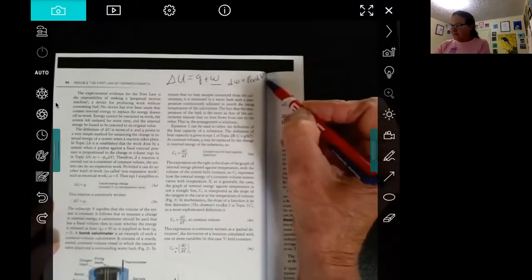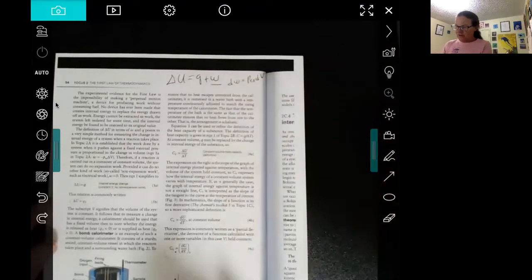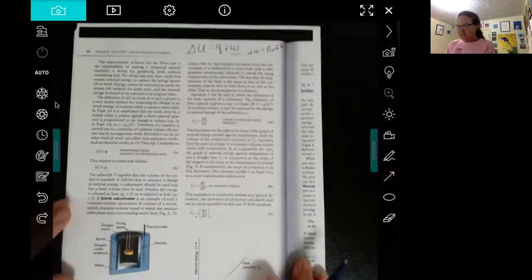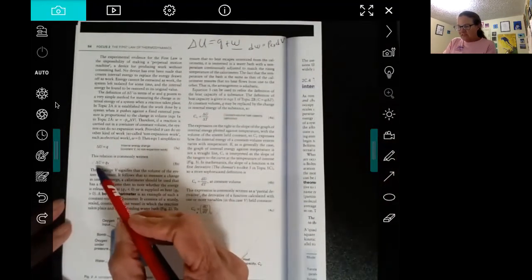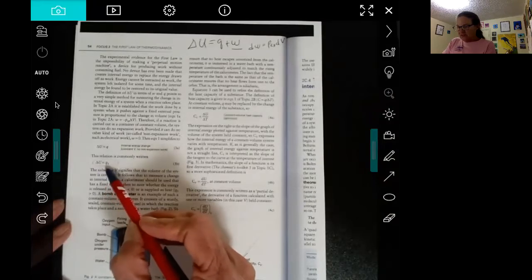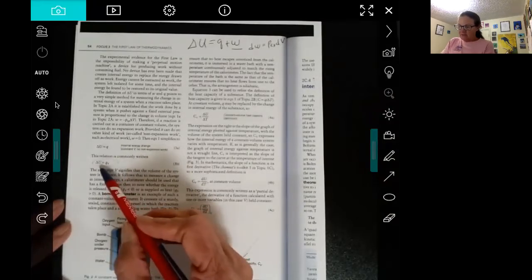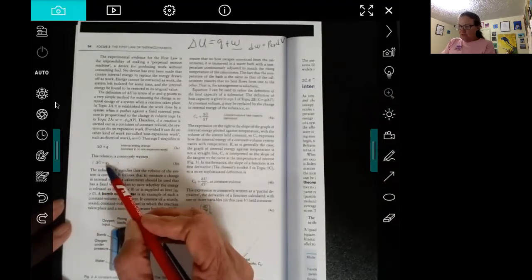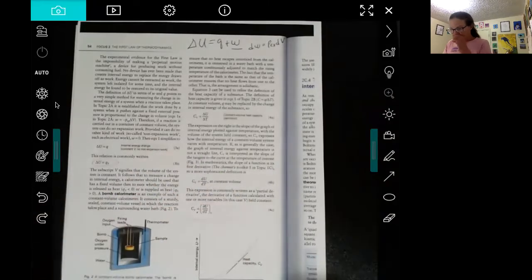So if volume doesn't change, there is no work. And so that means if a process is carried out at constant volume, the entire change in internal energy is equal to Q. And so that's what this notation means. Q, if the process is carried out at constant volume, is equal to delta U.